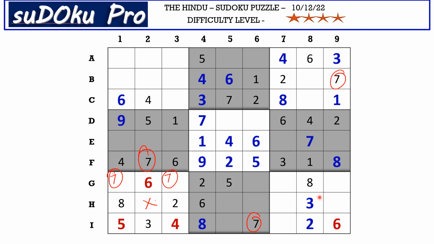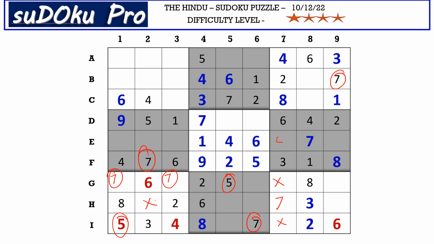So H7 takes 7. Now in column 7 we have only 3 empty cells. Out of these 3 cells, 5 blocks these two cells. There is a 5 here in G row blocking here, and there is a 5 in I row blocking here. So 5 goes here in E7.